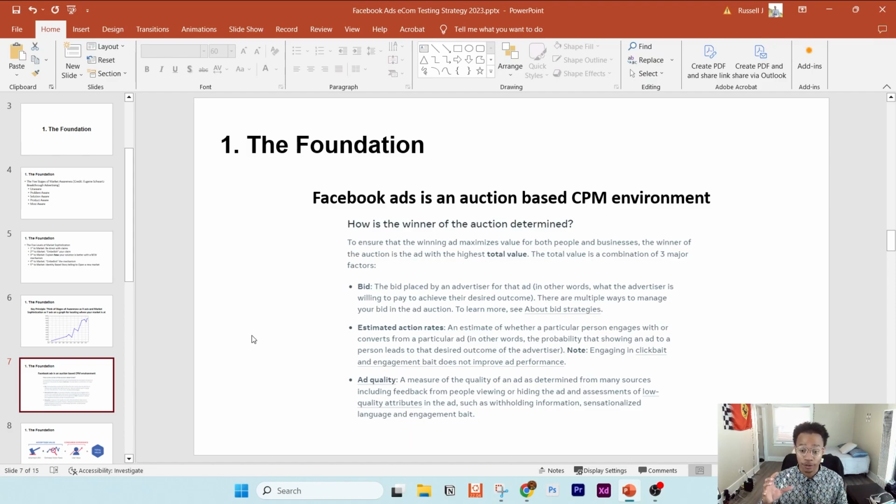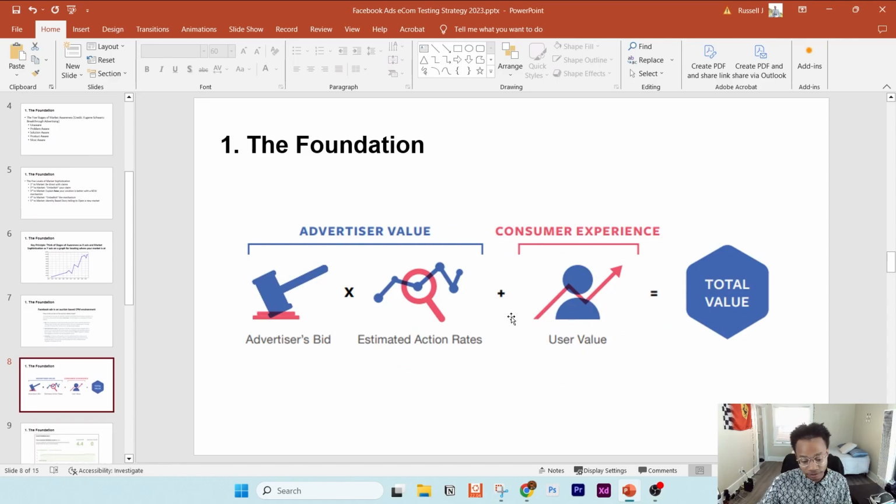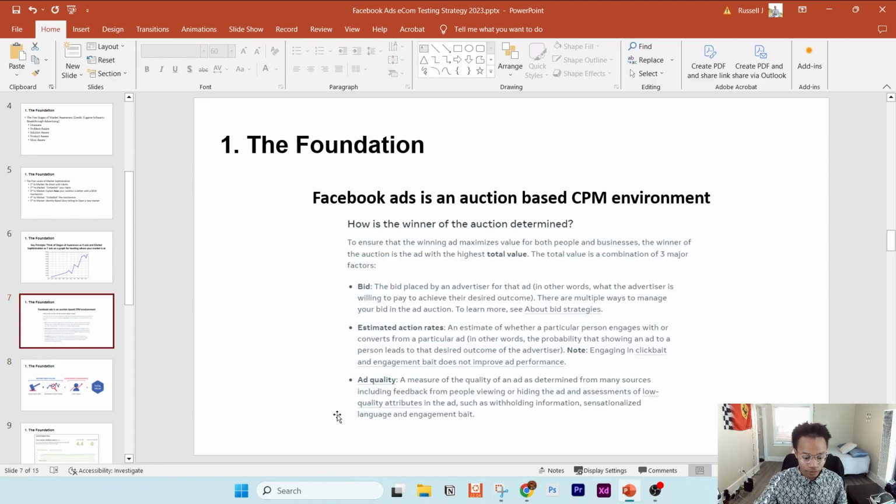Well, if you look at Facebook's actual web page, we can see that these factors come into play: the bid, the estimated action rates, and the ad quality. One thing Facebook didn't really mention is user value. User value is a combination of, for example, your ad quality and your post-click experience.